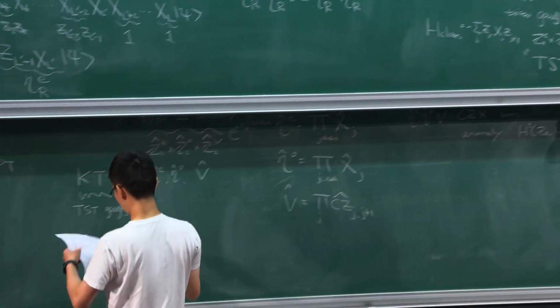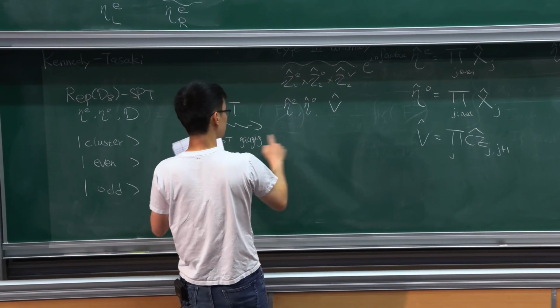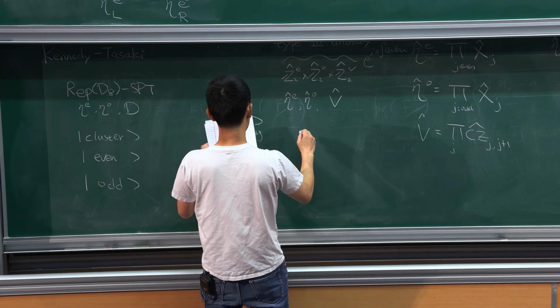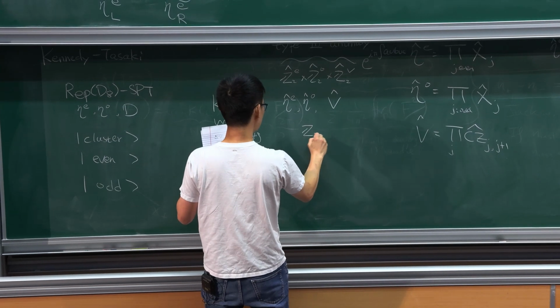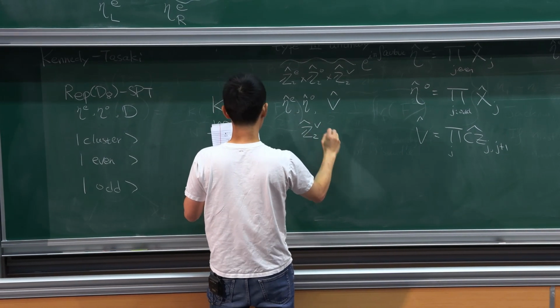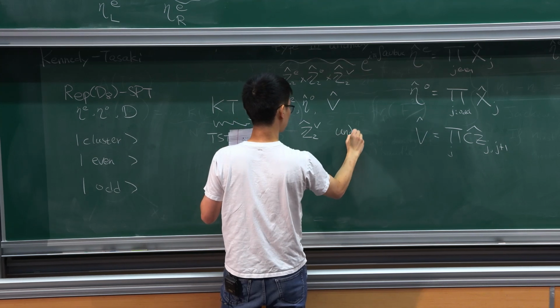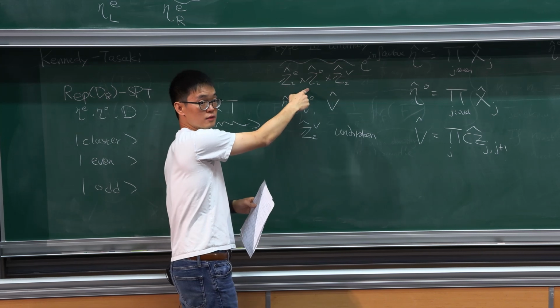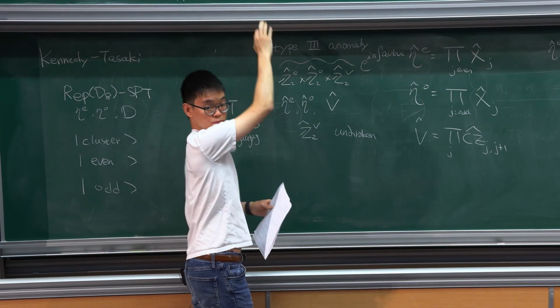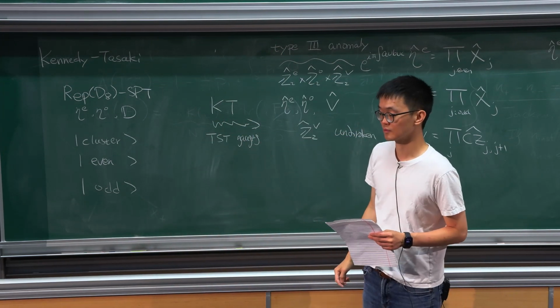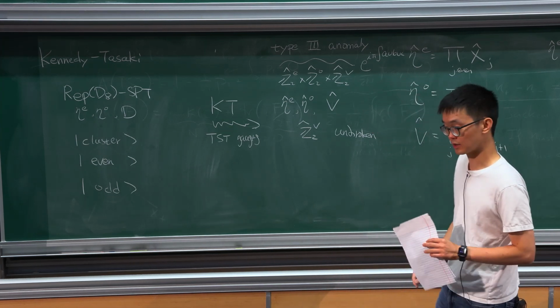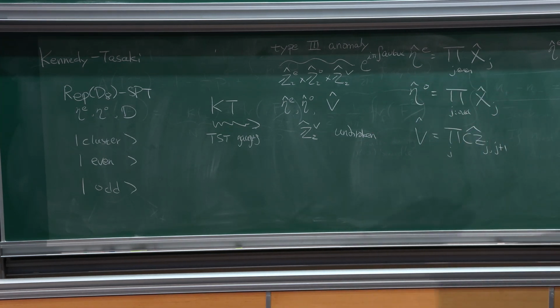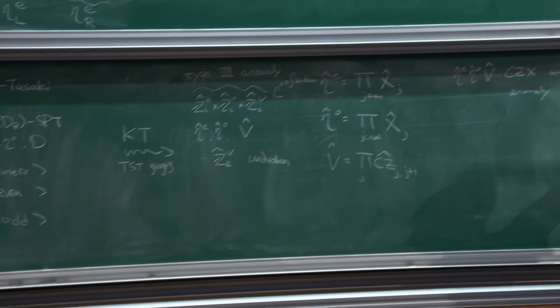So let me write it here. If you start with cluster, you go here, that corresponds to the case when only Z2 V is unbroken. Okay? Z2 even, Z2 odd is completely broken. That gives a 4-fold degenerate ground state. That's right. In fact, it's literally the same Hamiltonian here.